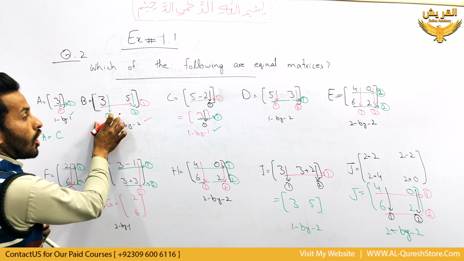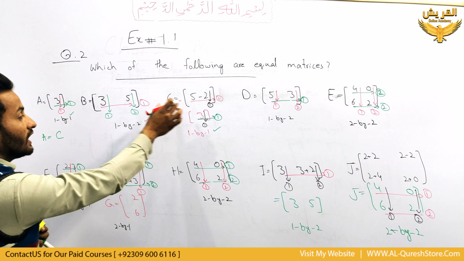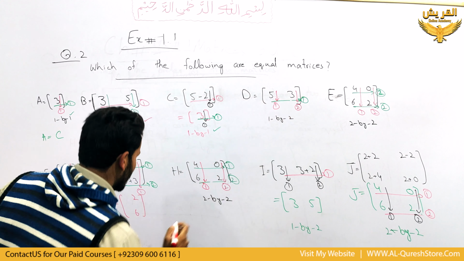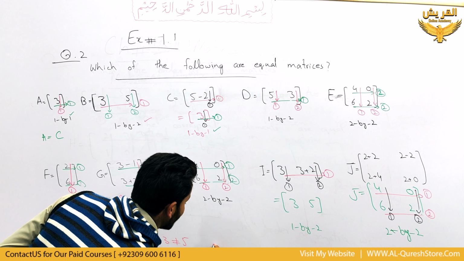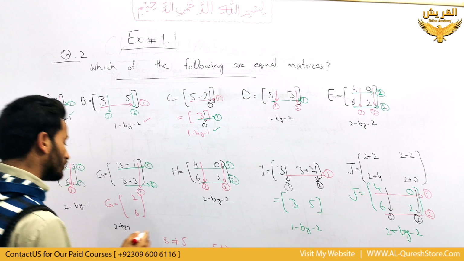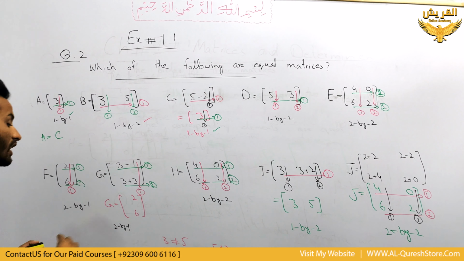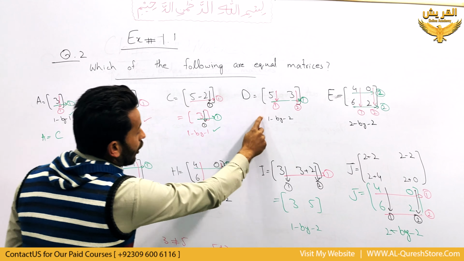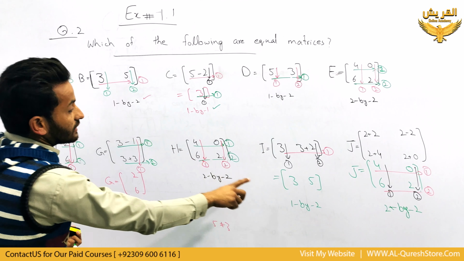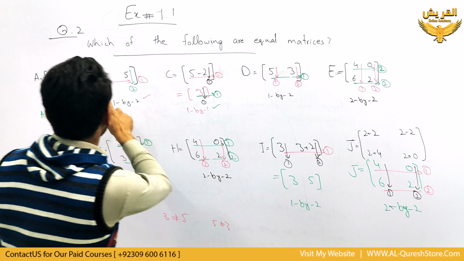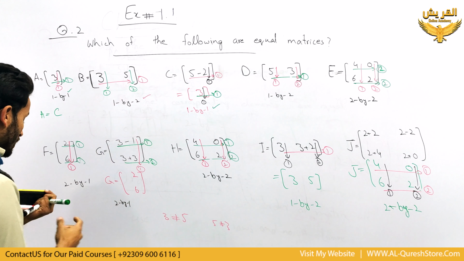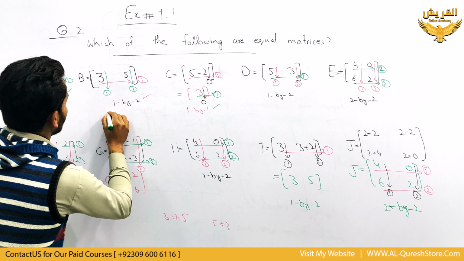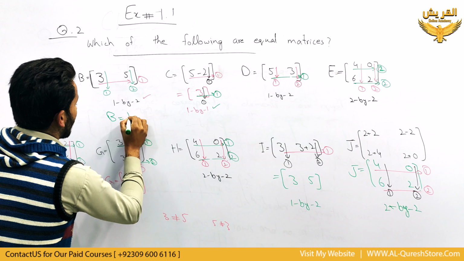So these are not equal because their corresponding entries are not equal. 3 is not equal to 5 and 5 is not equal to 3. So B is not equal to D. But in matrix I, first entry is 3 and second entry is 5. So B is equal to matrix I.